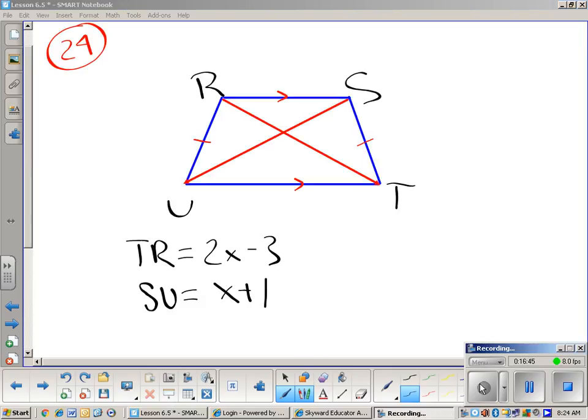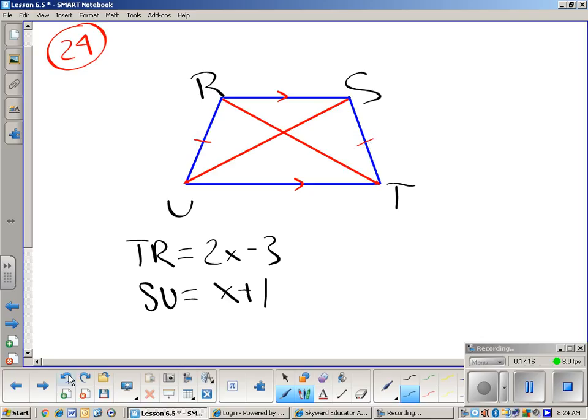Another example, what is the shape I have here? What kind? An isosceles trapezoid. How do I know it's isosceles? The non-parallel sides are congruent, aren't they? These marks right here, they tell me that those non-parallel sides are congruent. So what's true about this picture if it's an isosceles trapezoid?